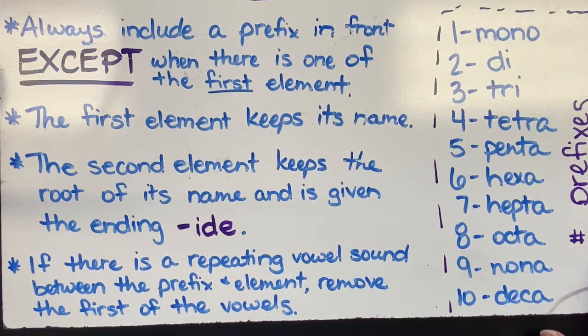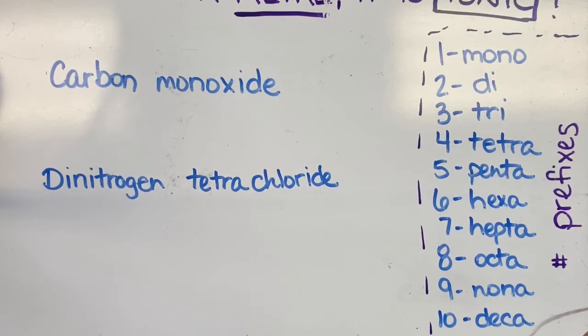Our last rule: if there is a repeating vowel sound between the prefix and the element, you'll remove the first of the vowels. So what that means is you're going to take the last vowel on the prefix and you're going to get rid of it. So if you have something like tetraoxide, you'll get rid of the A and you would only have tetroxide. Now let's look at some examples.